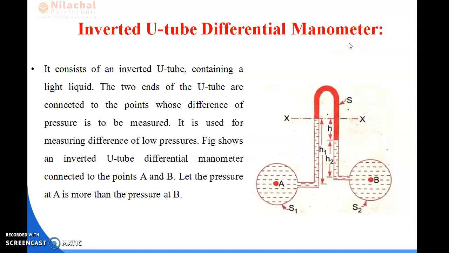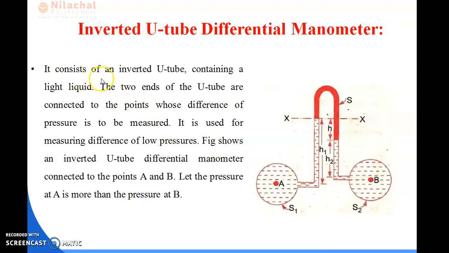What is the difference between them? In the U-tube differential manometer, you are taking the manometric liquid which is heavier than the two liquids. But in the case of the inverted U-tube differential manometer, you will take a liquid lighter than the two liquids flowing in the two pipes.